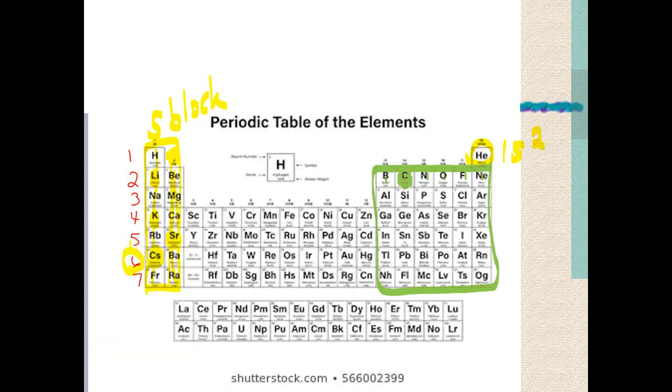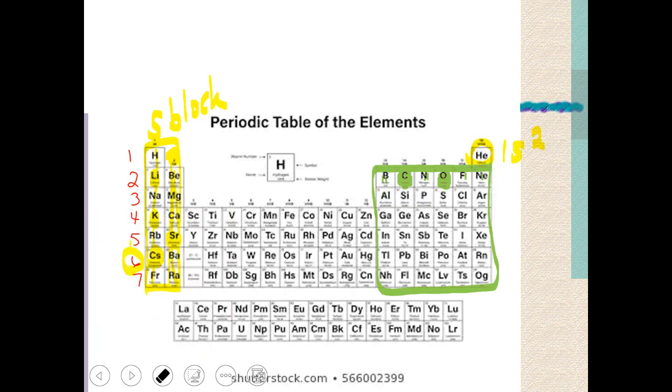If I wrote the configuration for oxygen, it's in the second row in the P1, 2, 3, 4 position. It would end with 2p4. Do you see sulfur right below it?